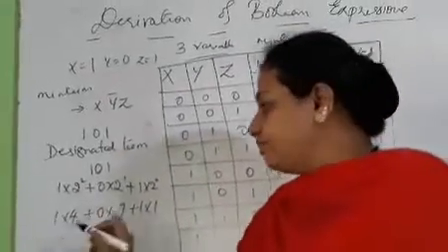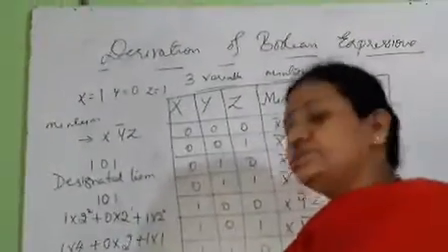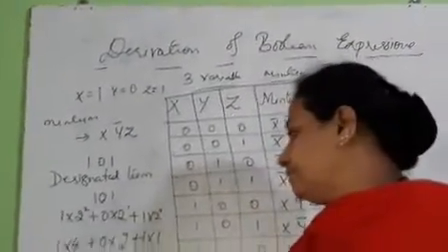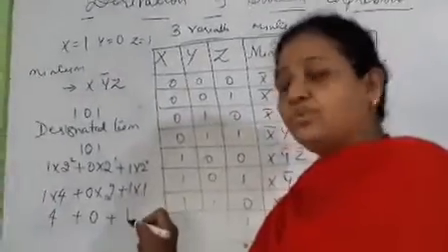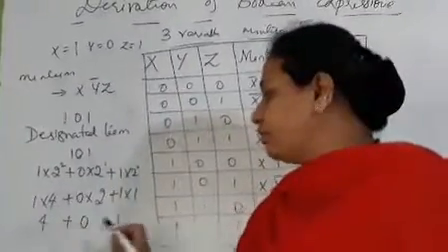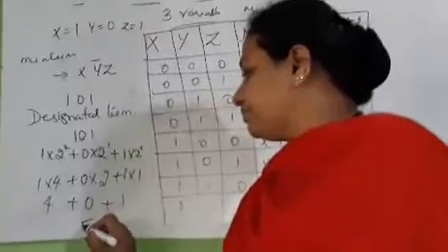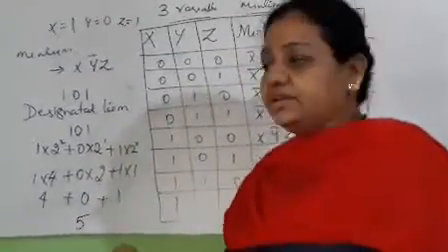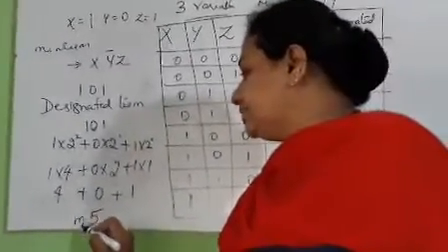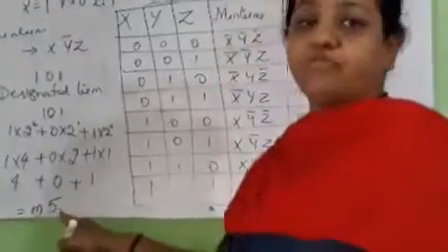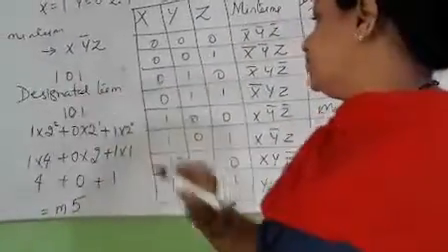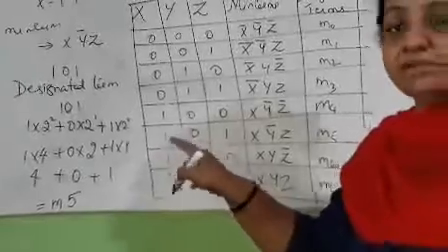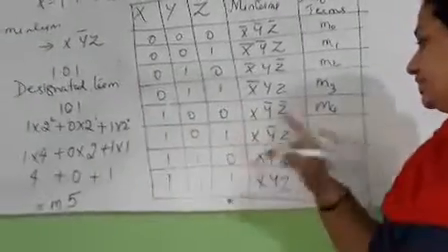So 1 into 4 is 4, plus 0 into 2 is 0, plus 1 into 1 is 1. So 4 plus 1 is 5. The designated term is M5 for 101. Kindly check in the truth table. 101, the designated term is M5.